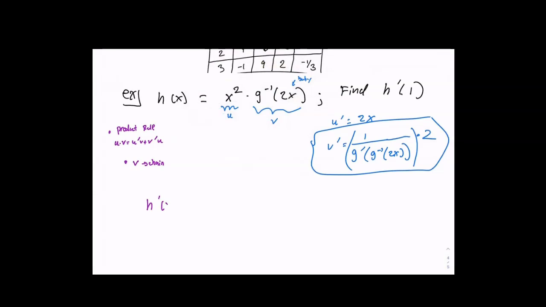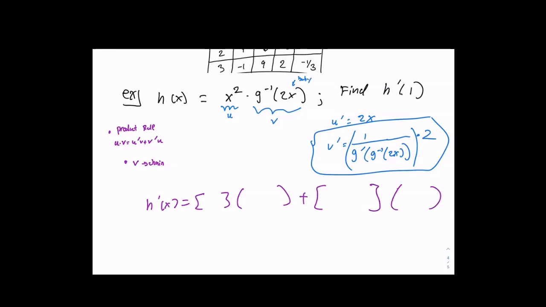All right, so with that, I can now find h prime of x. So h prime of x is u prime times v plus v prime times u.